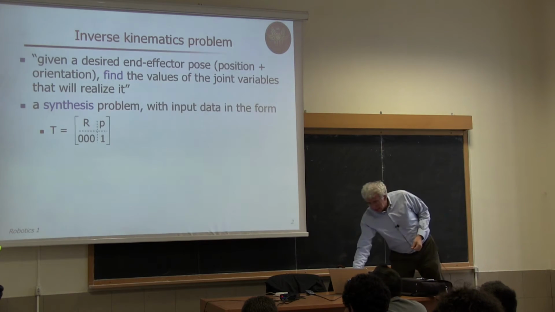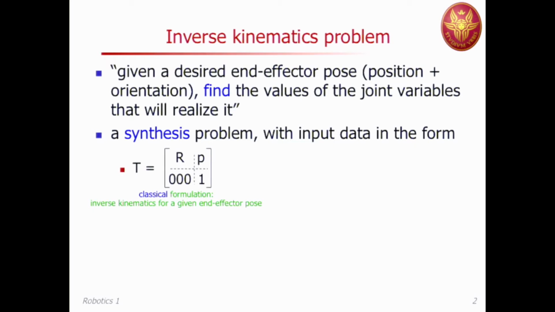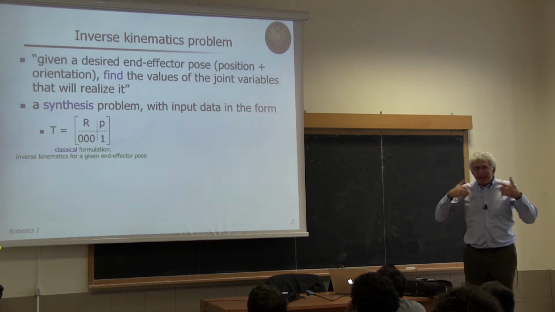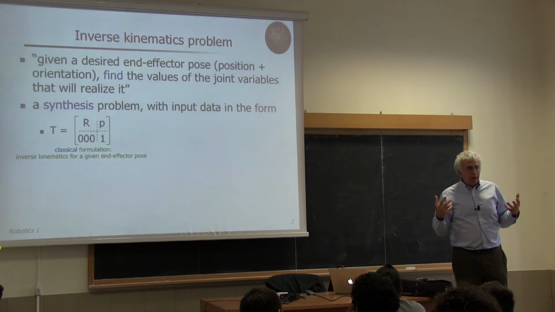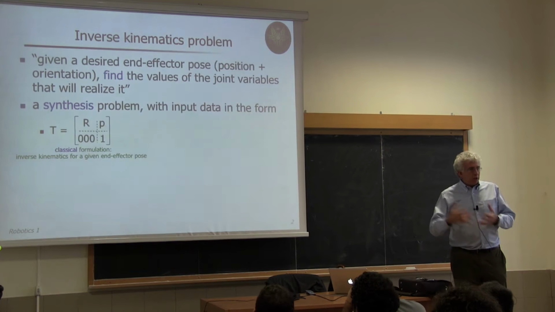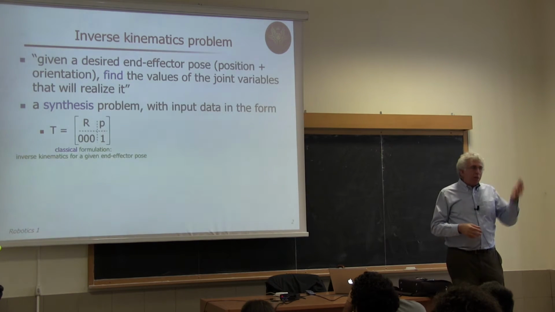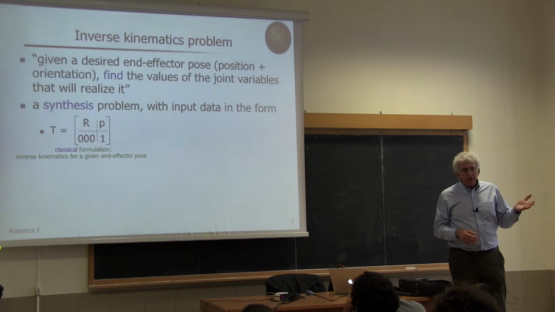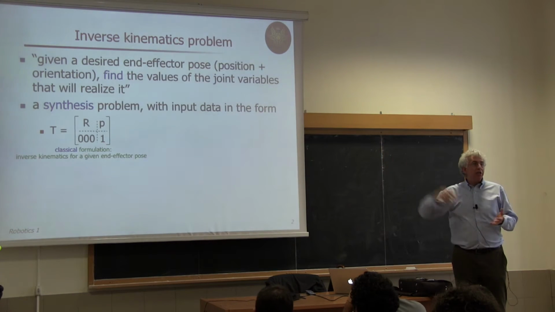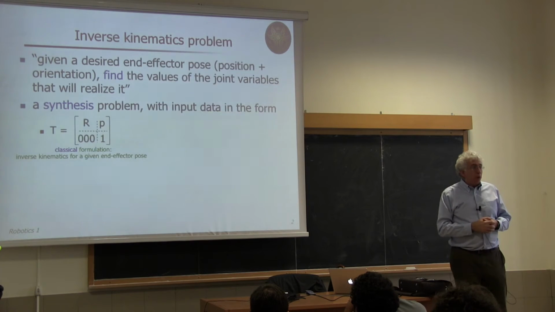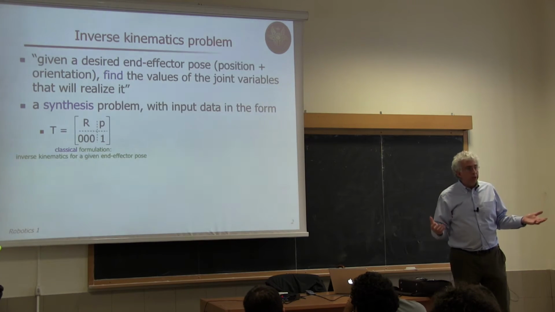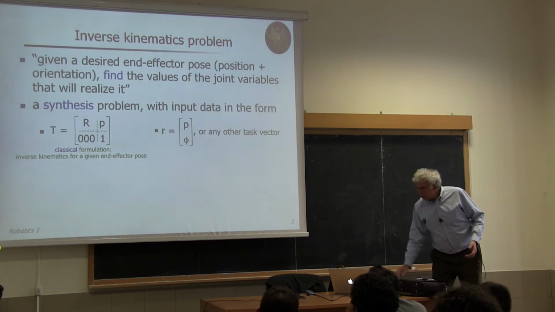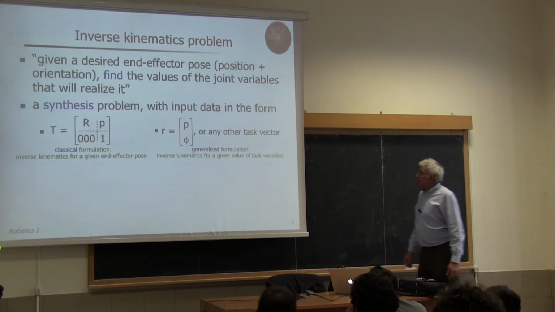So if the input data are given in this form, I call it the standard, classical formulation: the inverse kinematics for a given end effector pose. But now, since we have introduced the direct kinematics as a more general concept, with a vector function of the joint coordinates producing some task variable, and this task variable may be an extraction of those coming from the pose of the end effector, but may contain whatever we need, we can also use this formulation.